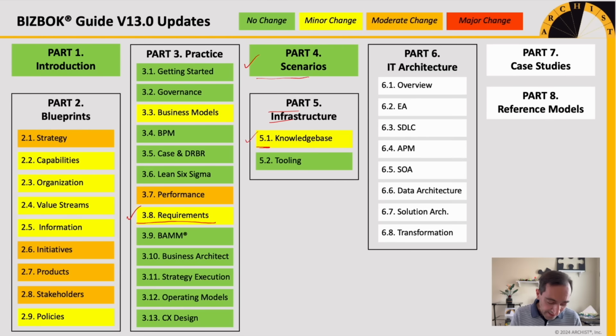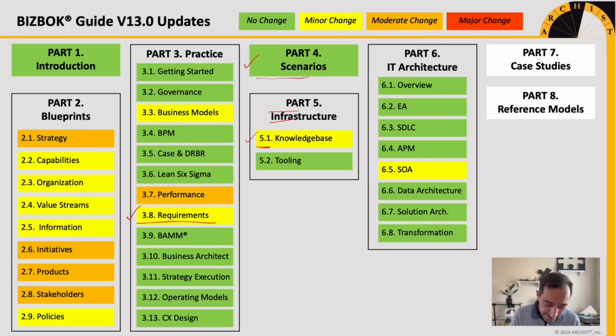And then moving to part 6, that's the alignment of business architecture with IT architecture.